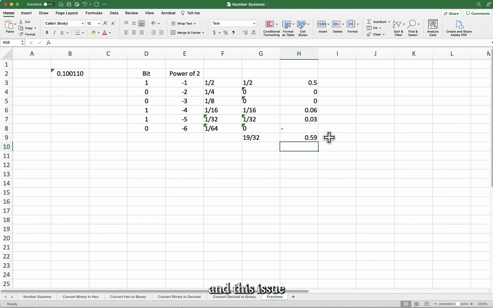And this issue is something you have to take note of as you go on in computer science, in that a computer is never accurate, which means dead on, but it is precise, meaning it's within the ballpark.